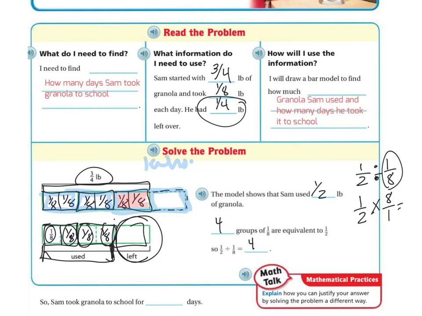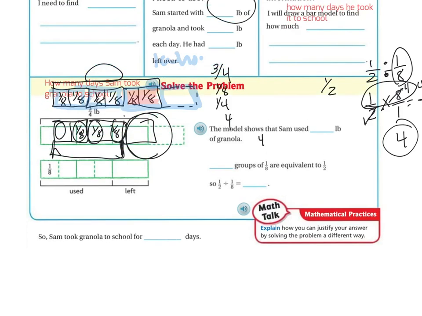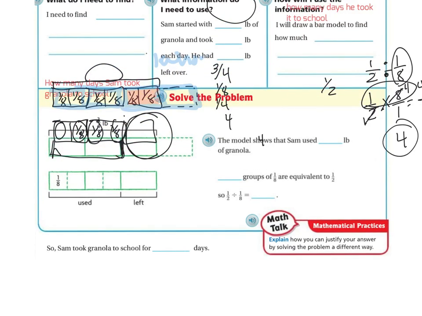And then I like to cross cancel. So I know that 2 can go into 2, and 2 can also go into 8. 2 goes into 2 one time; 2 goes into 8 four times. So I have 4 times 1 is 4, and 1 times 1 is 1. So I have 4 over 1, or again, 4. So Sam took the granola to school for 4 days.